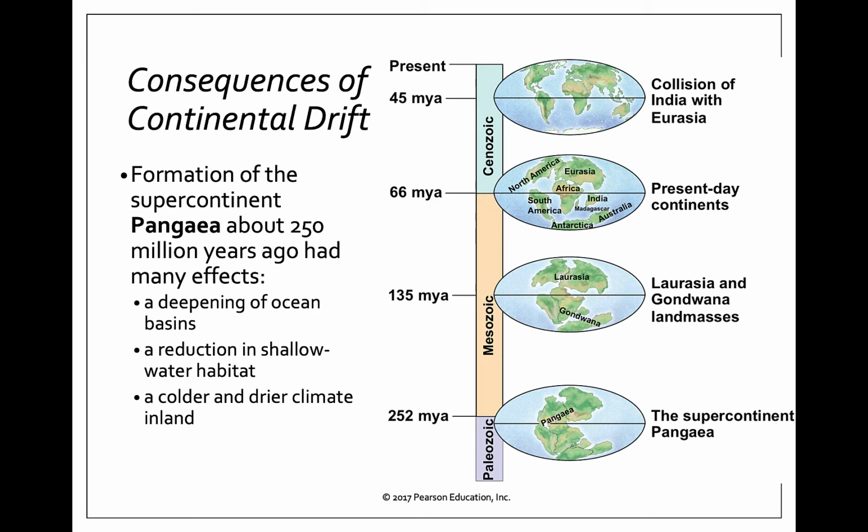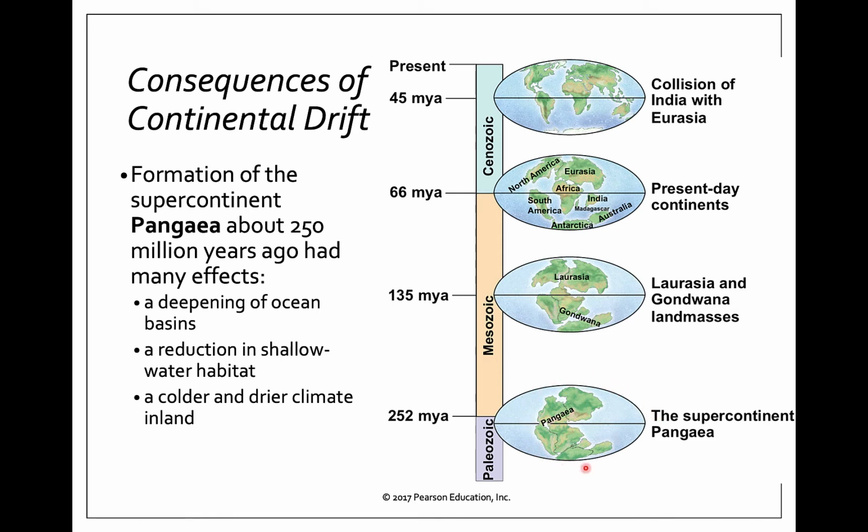And when we look back at the history of Earth, we can see that about 250 million years ago, when we had animals on land, the Earth probably looked more like this picture down here, with a supercontinent called Pangaea.